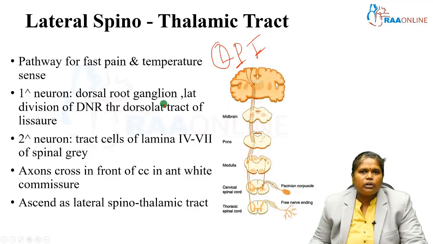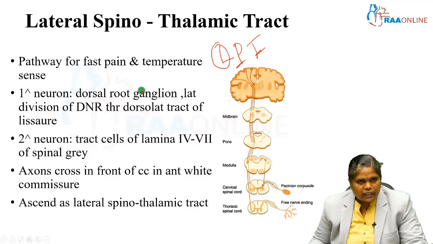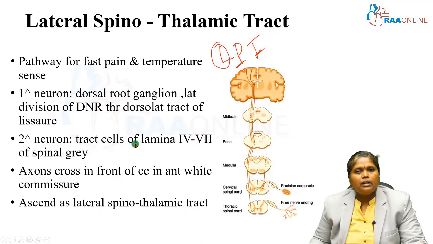So the first order neuron for the spinothalamic tract is present in the dorsal root ganglion. The cell bodies are present in the dorsal root ganglion, and the axons which form the dorsal nerve root are going to end in lamina 4 to 7 of the dorsal grey horn of the spinal cord. So here this first order neuron is going to end.